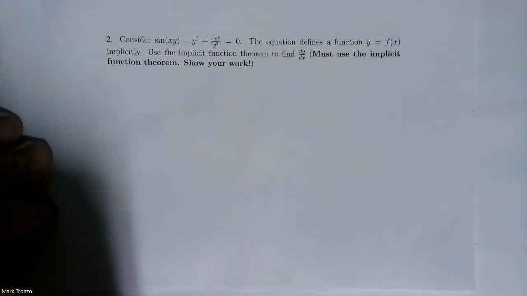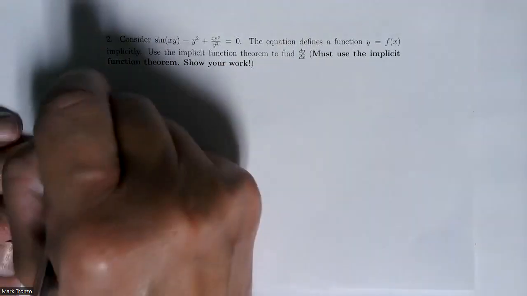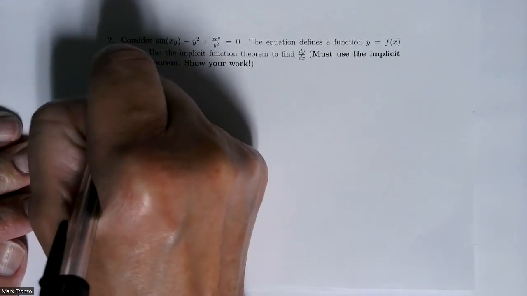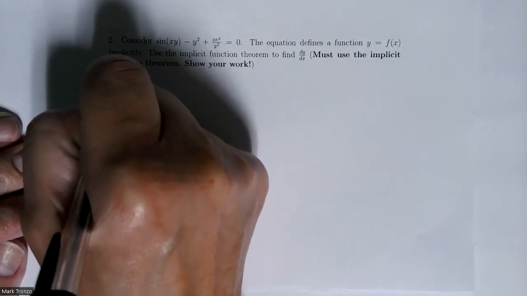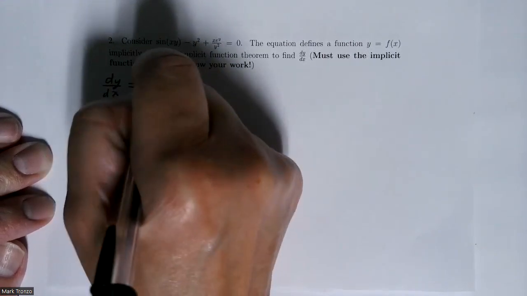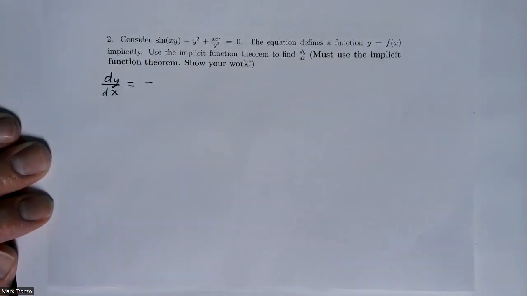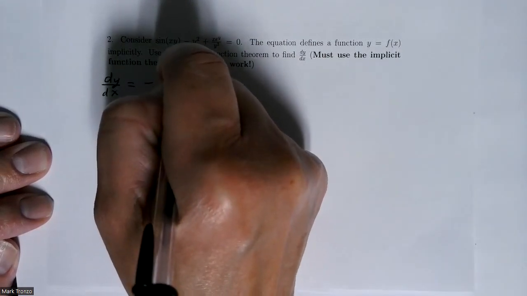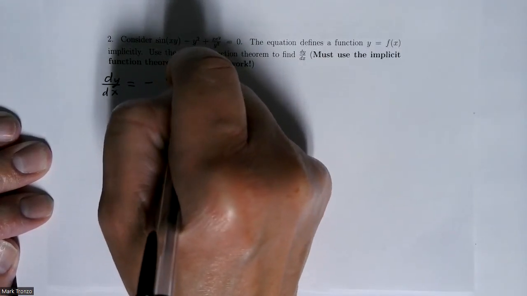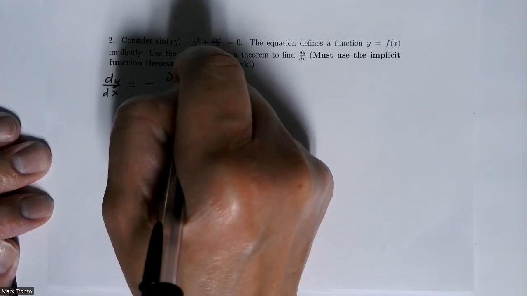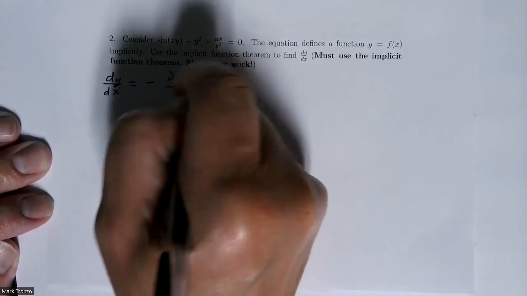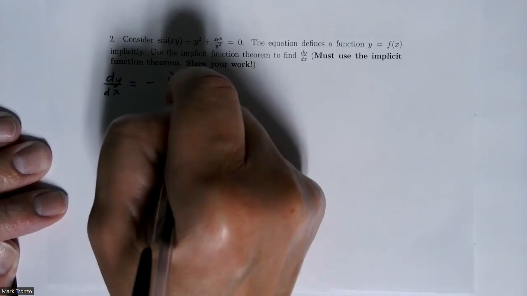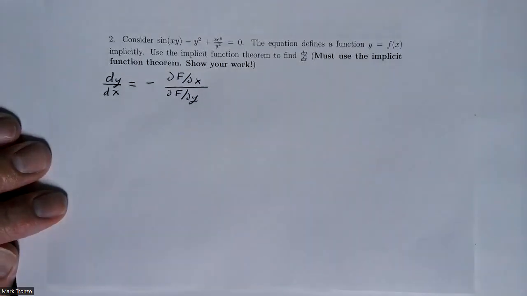So once again, keep in mind what we want to do. We want dy/dx. Again, there's always a negative. And we want our function df/dx in the numerator, df/dy in the denominator.